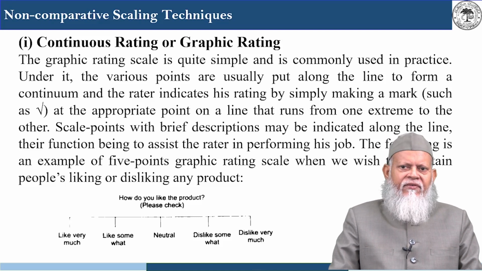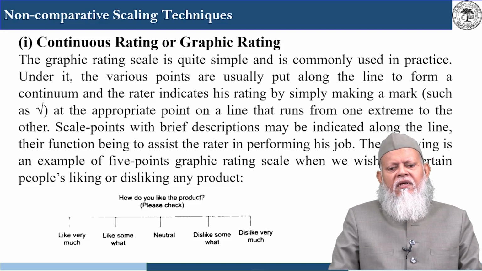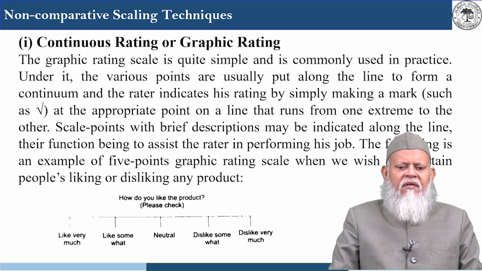So, if the respondent thinks he dislikes this stimulus or object very much, he would put his sign over there. And if the respondent thinks of the commodity, object, or stimulus as disliked somewhat, he would put his sign over there.